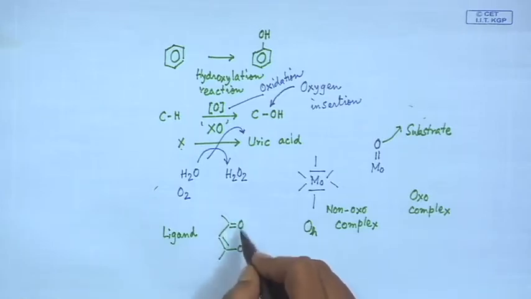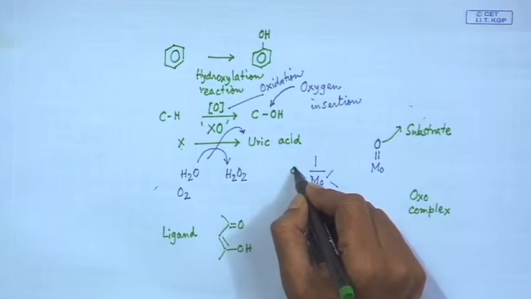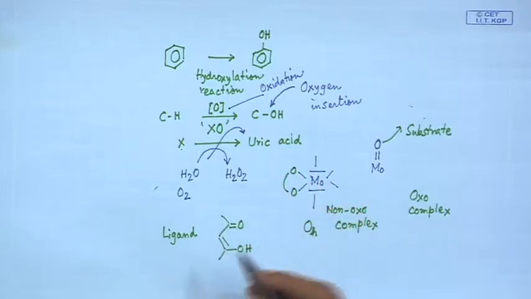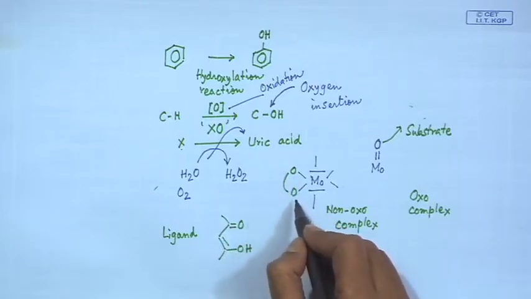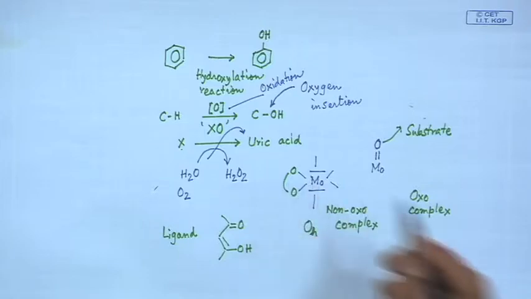So, this is a very good bidentate ligand which can immediately bind this molybdenum center in a bidentate fashion. This is nothing but the acetyl acetone molecule, and in its deprotonated form it is O O minus, providing one single charge. So, one acetyl acetone molecule can go and sit nicely over this molybdenum center.